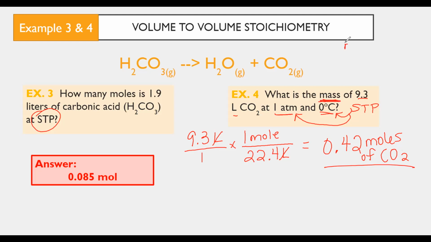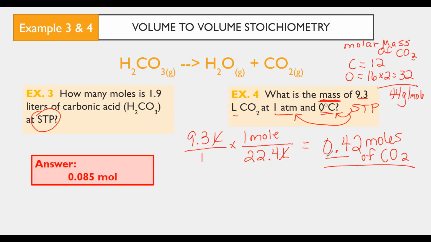All right, so what's our molar mass of CO2? Carbon, atomic mass is 12. Oxygen, atomic mass is 16, but we have 2 of them, so times 2 is equal to 32. So 44 grams per mole.